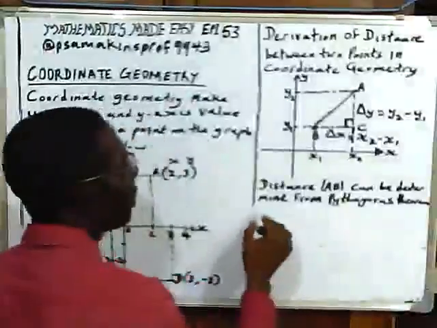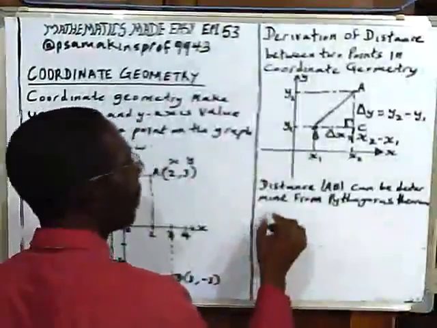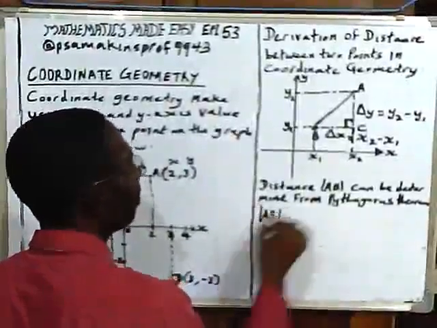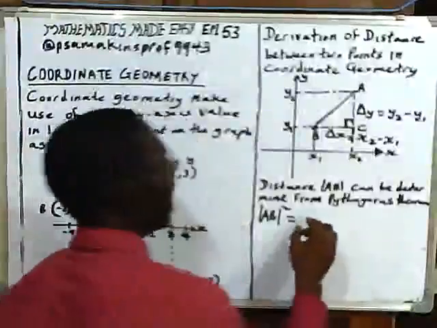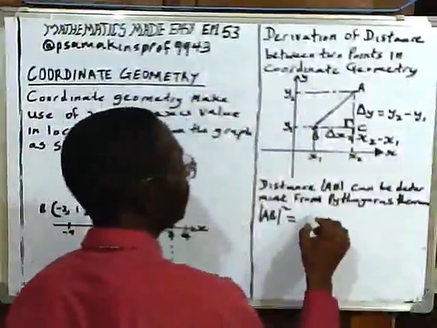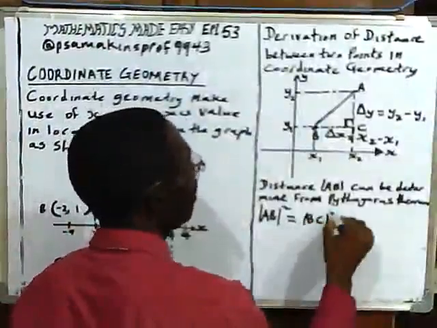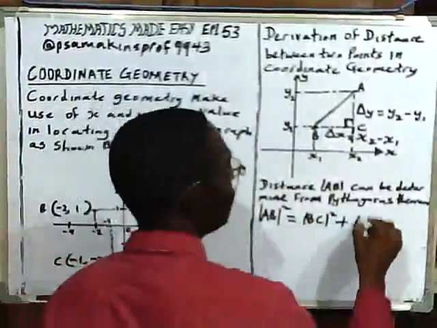So by Pythagoras theorem we can say that hypotenuse square, which is AB we are looking for, should be equal to adjacent square, which is BC, plus opposite square, which is AC.